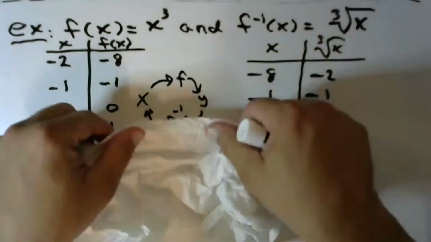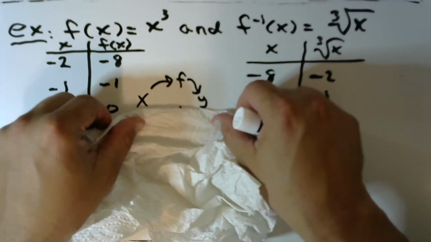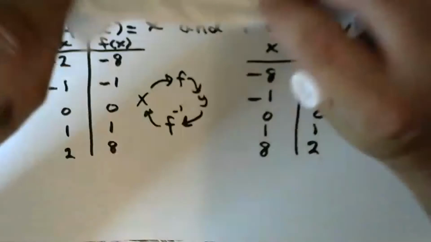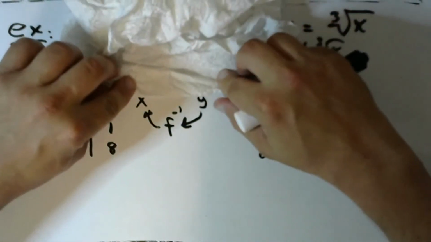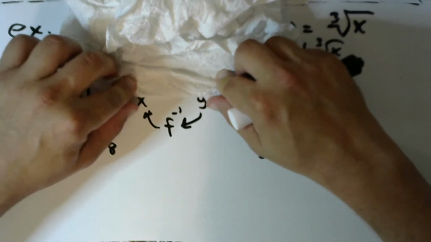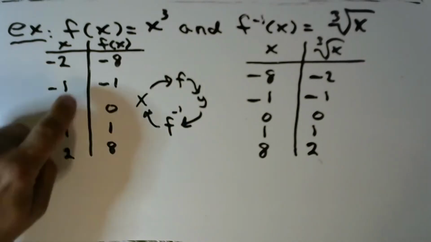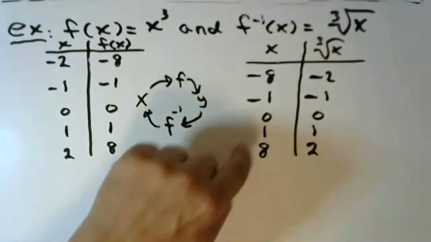So if we look at the top part, x is the input and y is the output. But for the inverse, it's switched. What was y is now the input, and then x becomes the output. Here's our inputs and our outputs, and they just switch places.